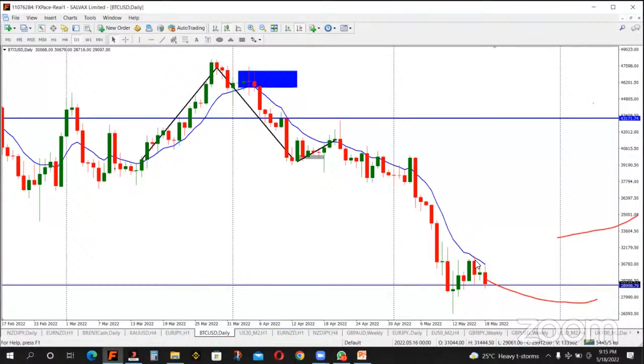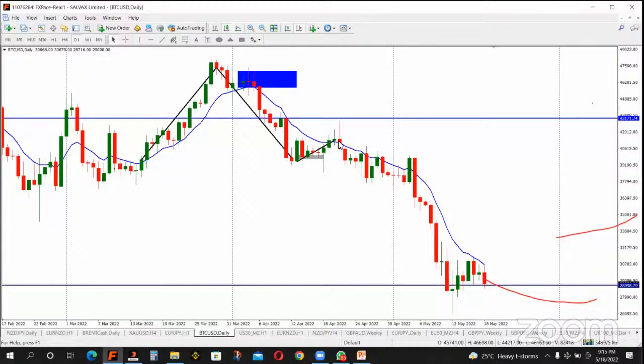The wick it has left above the moving average is where you should put your stop loss. I am saying this so that even if I'm not around, you can trade without asking anybody. That's why I'm taking my time to analyze these things. You can trade it very well. You don't need Oga Josh to be around.